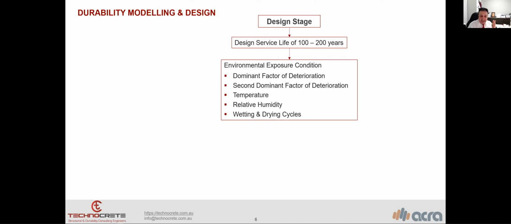Then we have a second dominant factor of deterioration. In our modeling, we have to consider the effect of the second dominant factor on the first dominant factor of deterioration when we are modeling the service life of the structure.